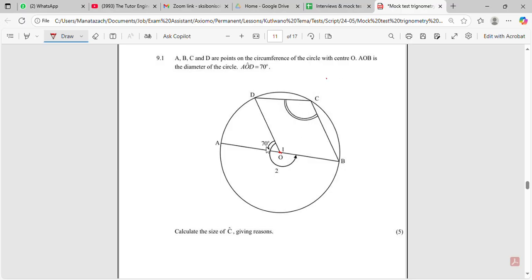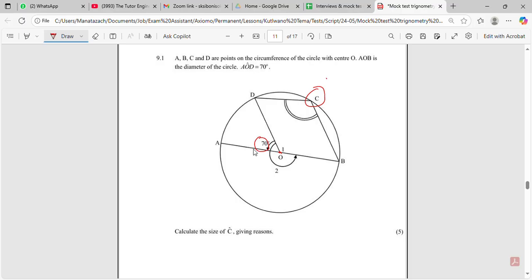So O is the center of the circle. So I can already realize that there's a marking of 70 degrees, and that's the whole angle at O, and that's the angle at the circumference, which is angle C, which is related to angle O with that theorem that I've just mentioned. So the question continues to say AOB is the diameter of the circle.